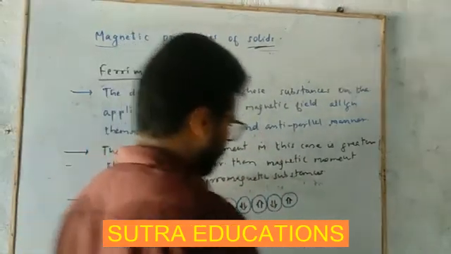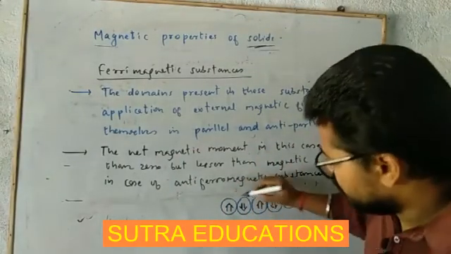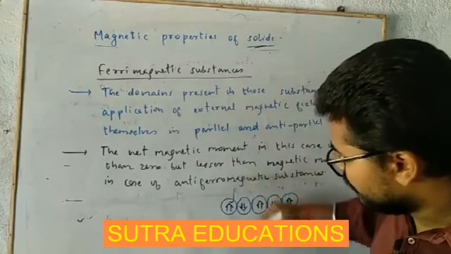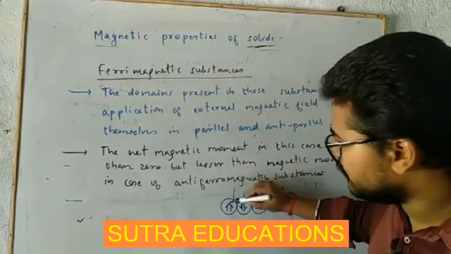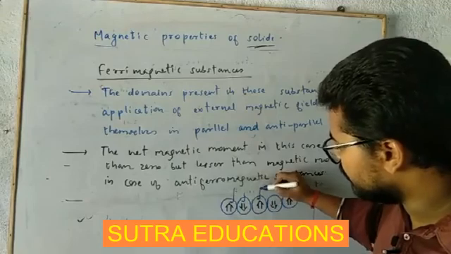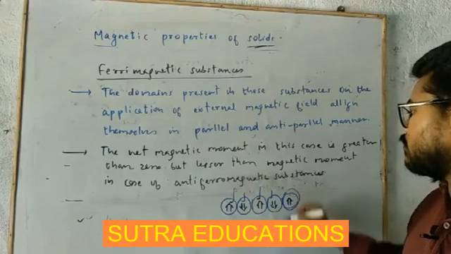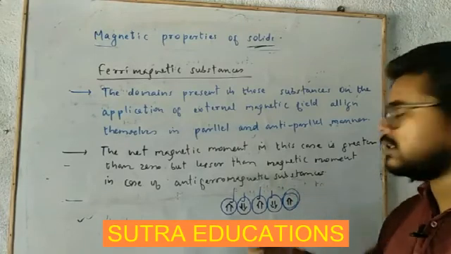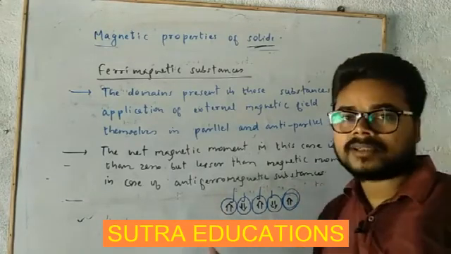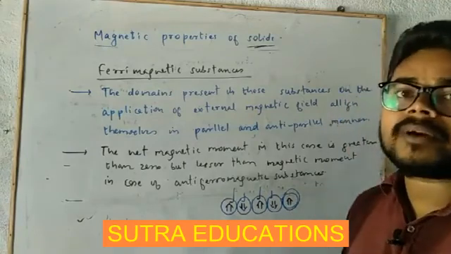So you can see here, the effect of this magnetic moment is cancelled by this, but one or more magnetic moments will be present that are not getting cancelled out.